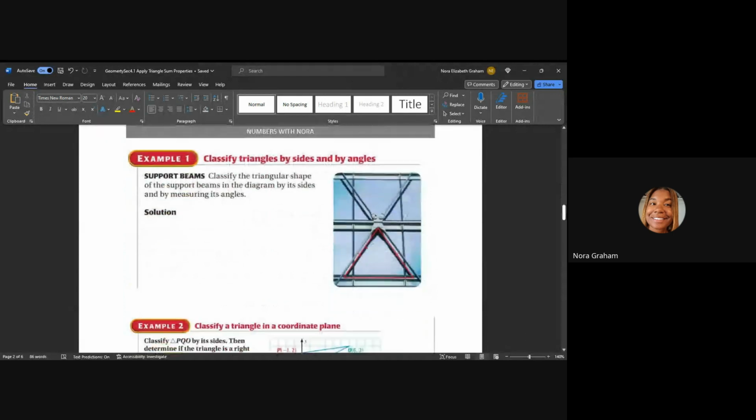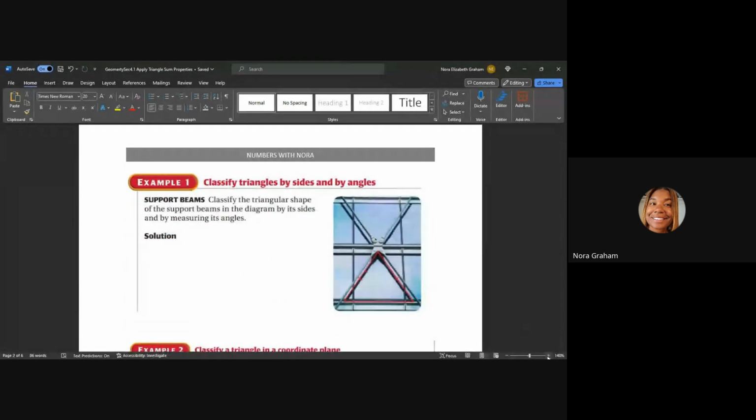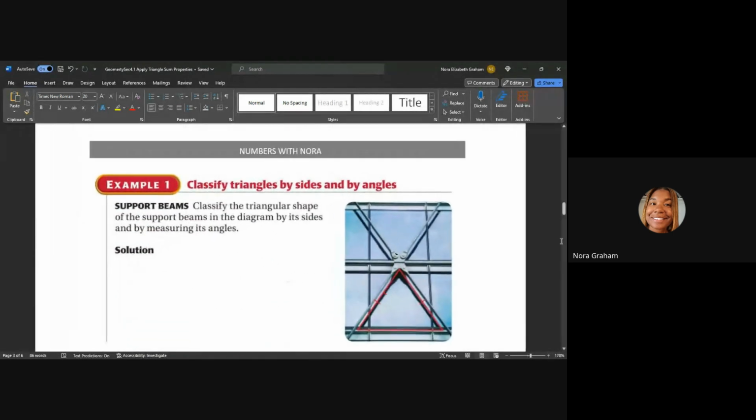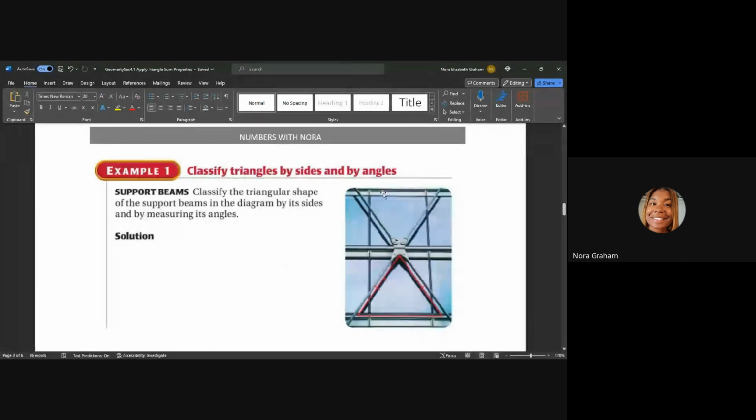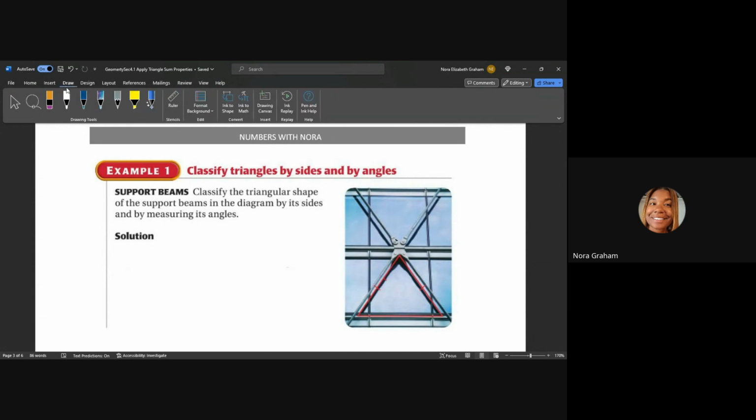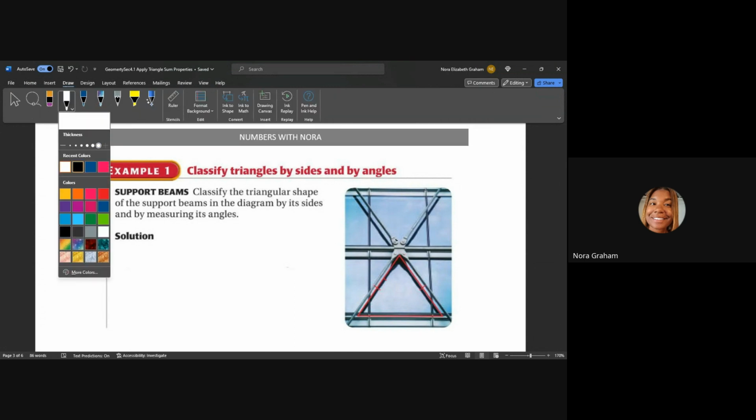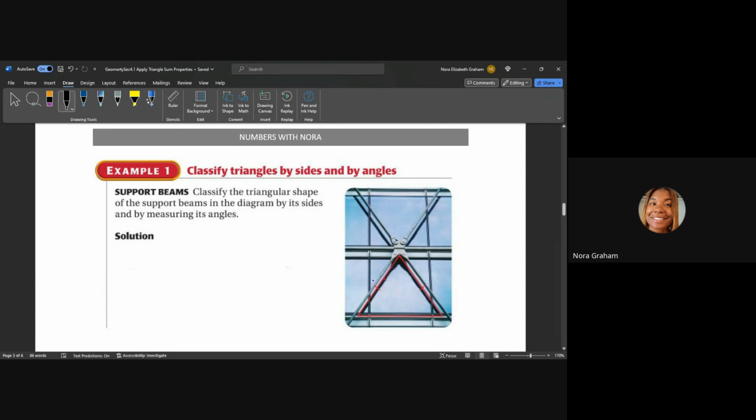Right. So let's start with focusing on example 1. For this one, it says classify triangles by sides and by angles. Classify the triangle shape of the support beam in the diagram by its sides and by measuring its angles. For this one, we're not going to measure the angles because it's not going to be 100% correct if I measure it online like this. But we're going to look at this triangle and say what kind of triangle it is.